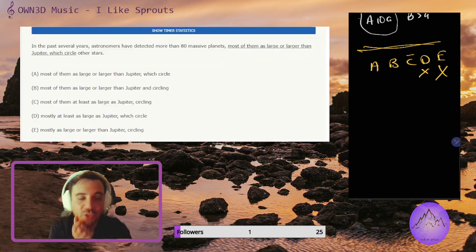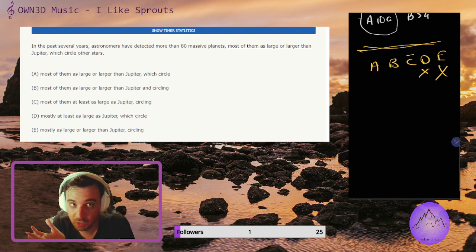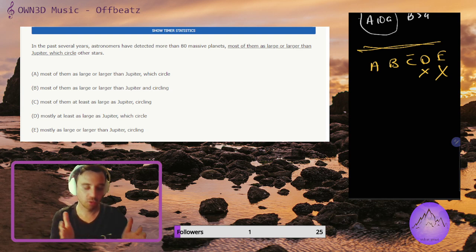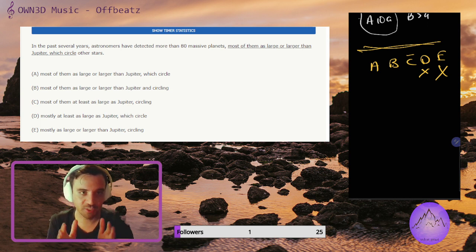Point is, I'm pretty sure if you use the word which, it has to refer to the noun immediately before, which means which circle in answer choice A is referring to Jupiter, not to 80 massive planets. That's probably the same issue with encircling. Oh, no, not with encircling. But with which, the issue is which can't jump that whole modifier in the middle, that whole most of them as large or larger than Jupiter.